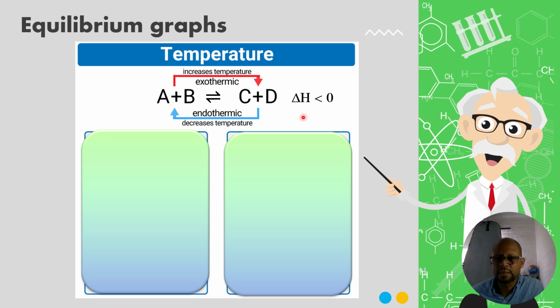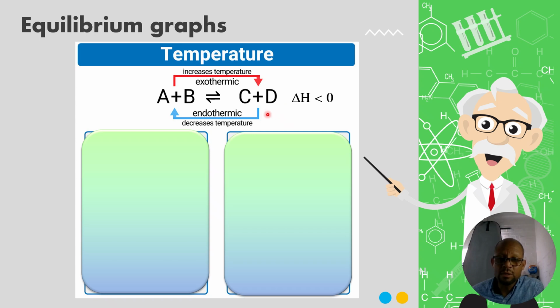And the value for delta H refers to the forward reaction. So the forward reaction is exothermic, and it means that the temperature increases. Now, when we say temperature increases here, it refers to the temperature of the container. So that means that this reaction is giving out energy.